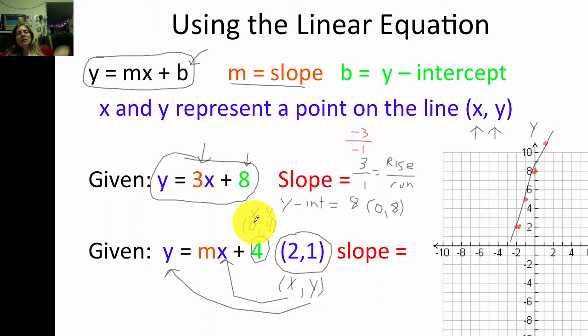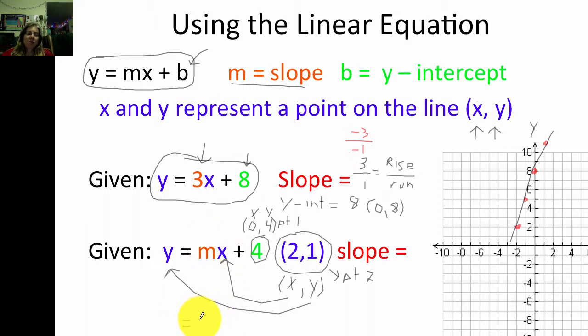We can find the slope using our slope equation, as I showed in other videos, where we can use this special y-intercept point as point 1, and we can use this as point 2, and go to all the trouble of finding the slope. Or we can take this equation here, plug in the values for x and y, and solve for this missing variable. Let's take a look at that.